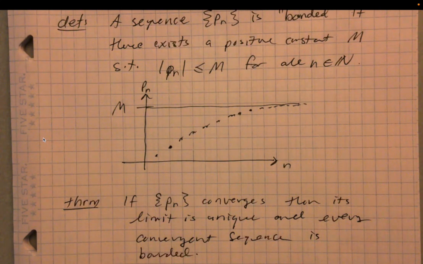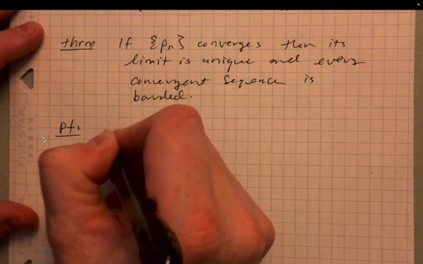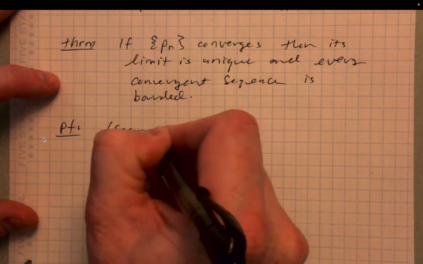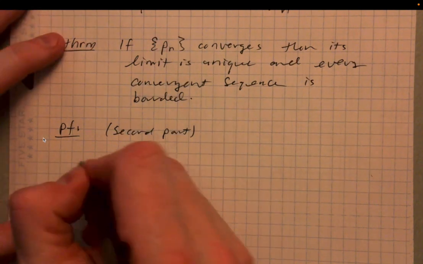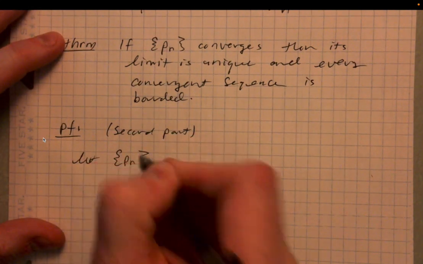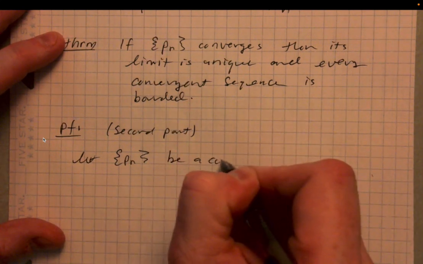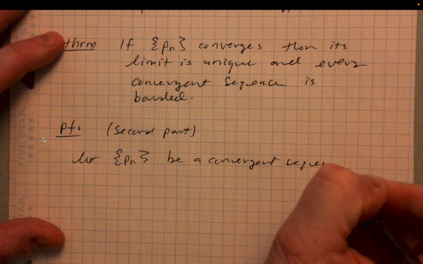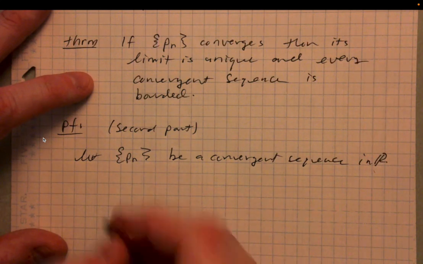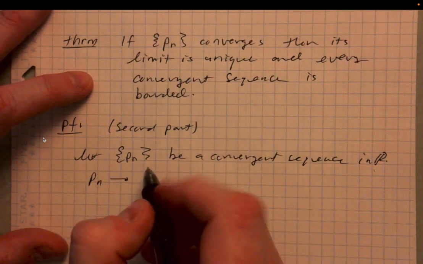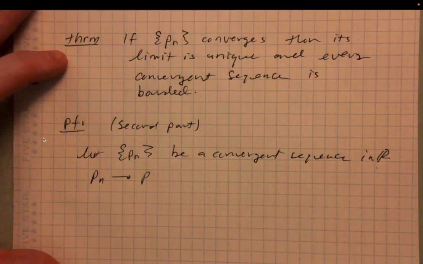The fact that every convergent sequence is bounded, I think, is fairly straightforward as well, but let's prove that second part. Let's prove the second part of the theorem, that every convergent sequence in R is bounded. Let's let P sub n be a convergent sequence in R, and let's say that P sub n goes to P. Right, P is some real number.